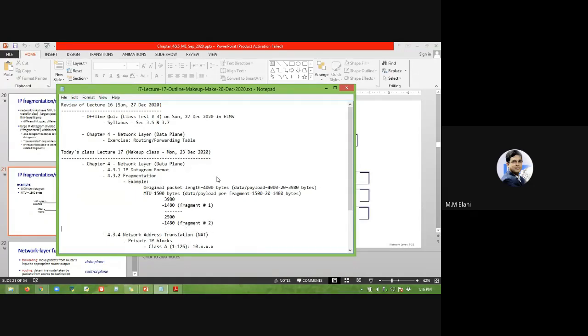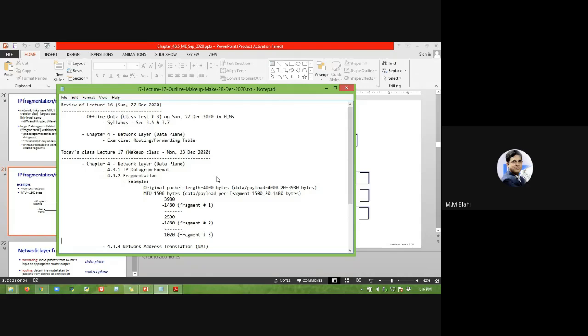So in fragment 2 we have sent another 1480 bytes, right? So remaining 1020. So this is definitely less than 1480. So we don't need any more fragments, right? So this should be fragment number 3. Is it clear?